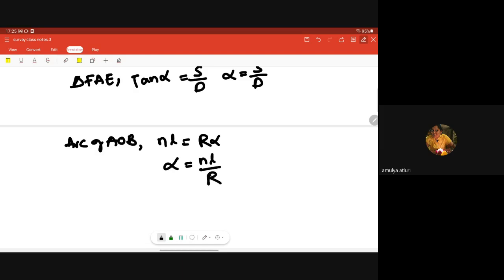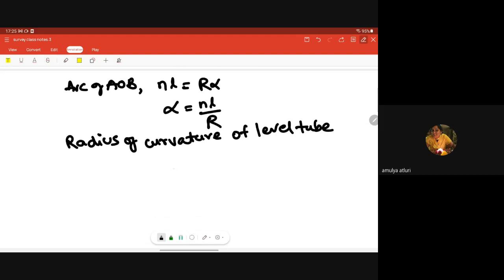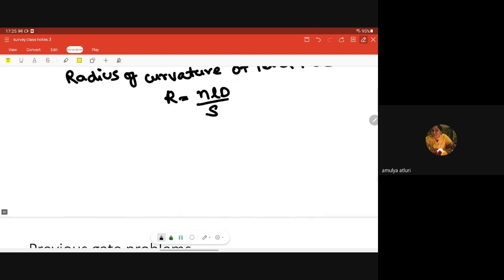Next, the radius of curvature of the level tube. What is the radius of curvature of the level tube? R is equal to NLD by S. Alpha dash is equal to L by R, in radians.